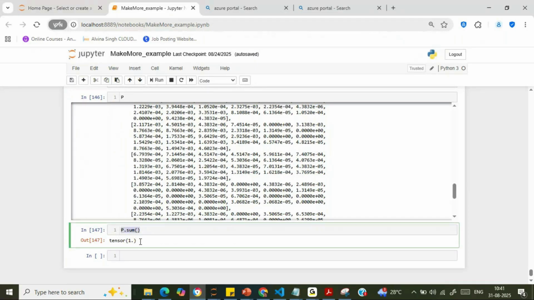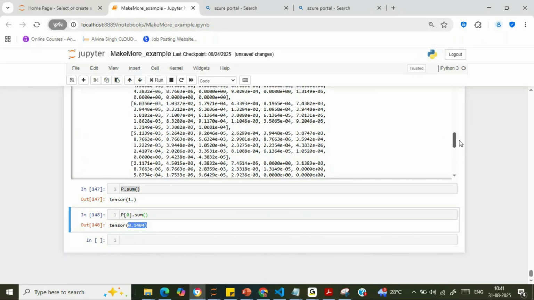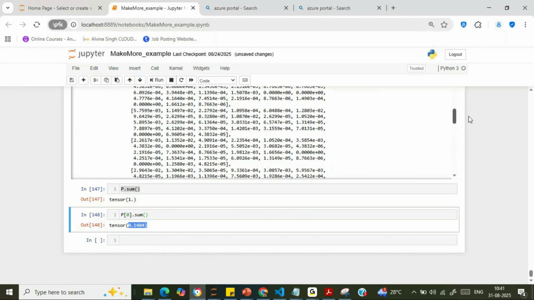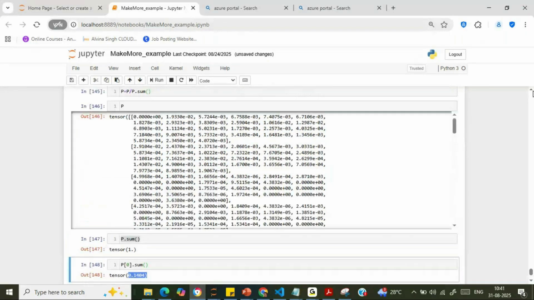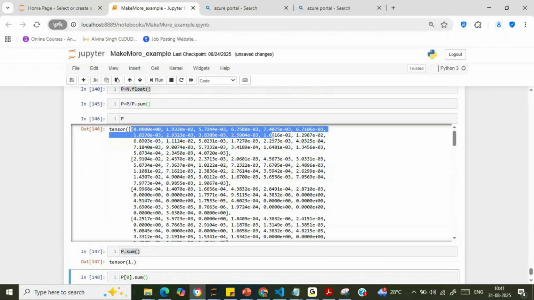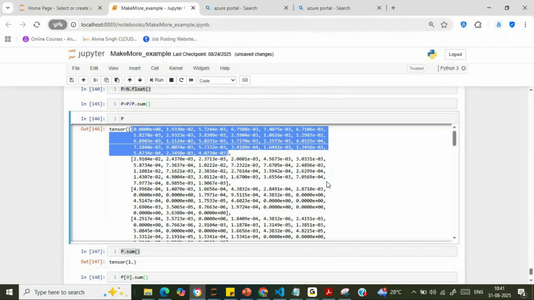And if I calculate P of 0, that is the first row, and if I calculate the sum for this particular row, it is coming 0.14. This particular row, the first row, is having 14% contribution in order to predict the next word.